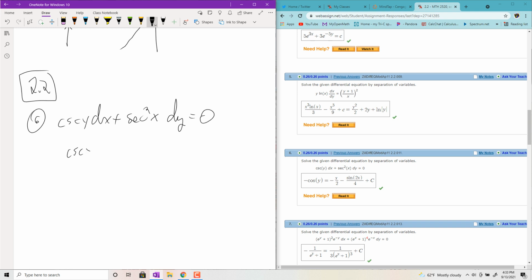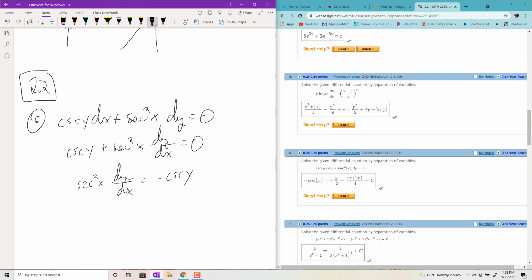So I got cosecant y plus secant squared x dy over dx equals 0. Move the cosecant to the other side so you can separate. dy over dx equals negative cosecant y. Divide both sides by secant squared, divide both sides by cosecant. I like to keep those constants on the right side.